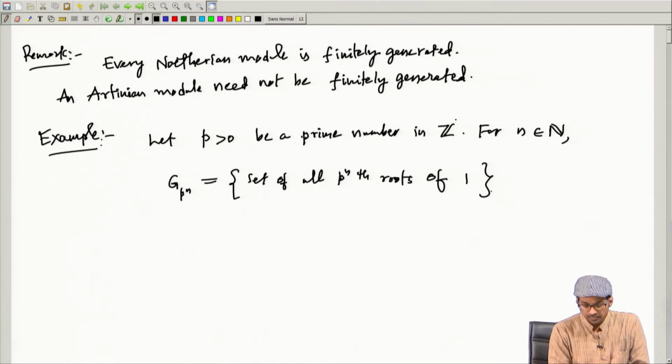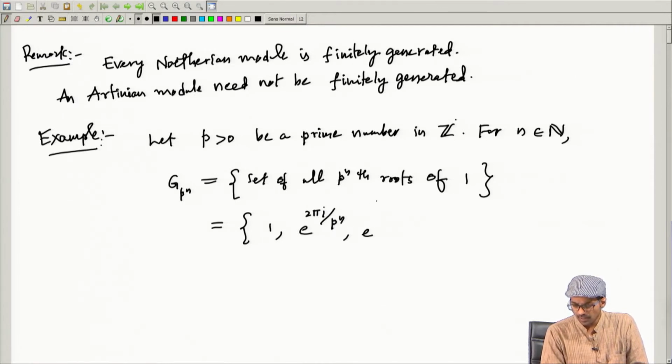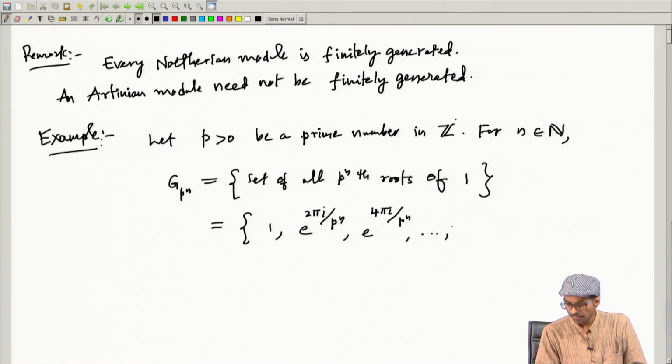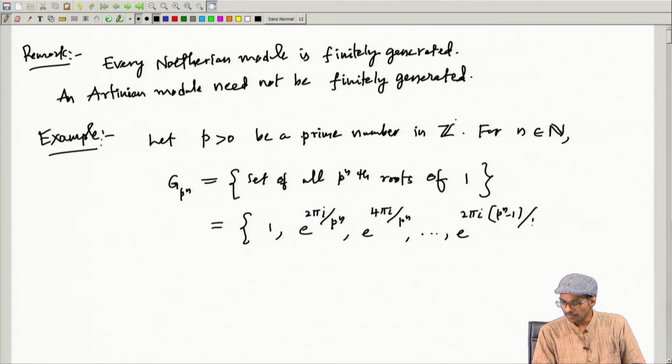So, that is, this is the set of all 1, e^{2πi/p^n}, e^{4πi/p^n}, and so on, e^{2πi(p^n - 1)/p^n}. Okay.